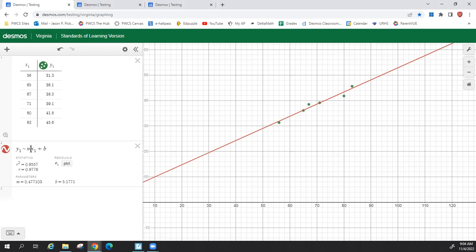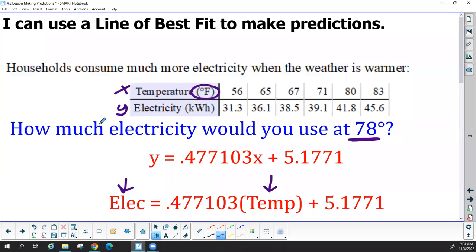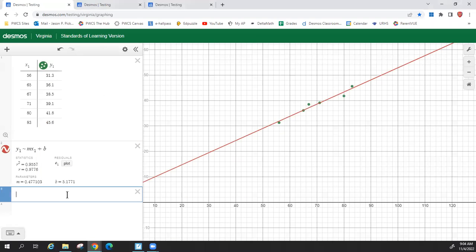I've put our table in Desmos. This is what we did in the last lesson. I put our line of best fit into Desmos. There's a couple ways we can figure out the prediction. We want to find the point on the line where X, our temperature, is 78. One way is by typing in the equation of a vertical line where X equals 78.